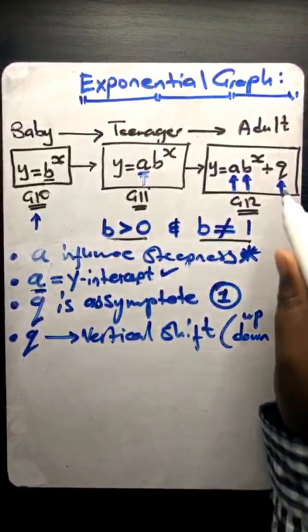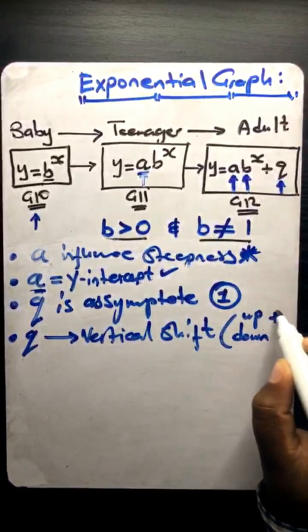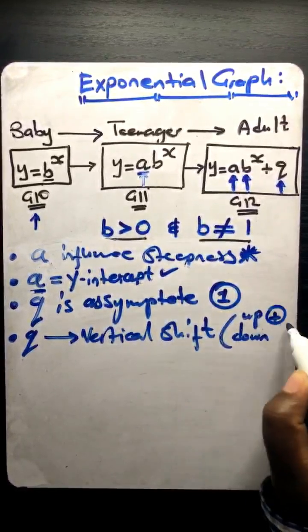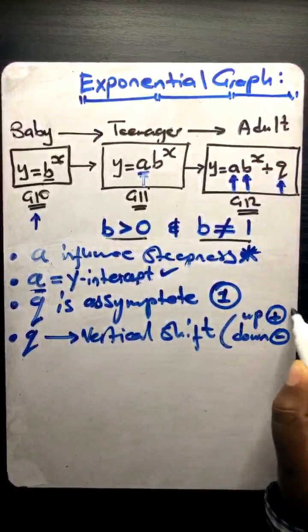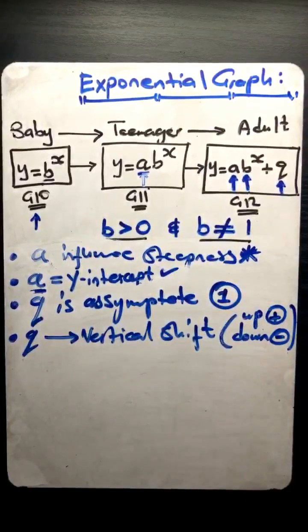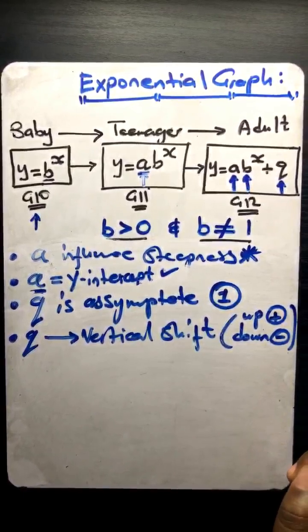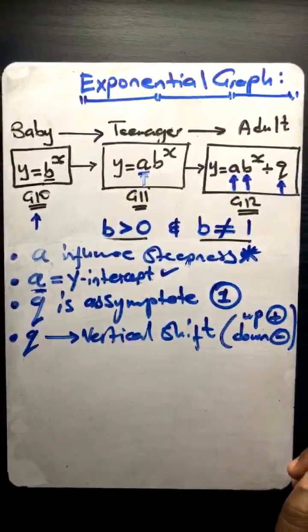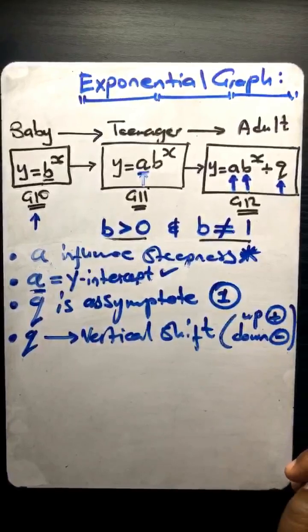If your Q is a positive value, then it means it's an upward shift. If it's a negative value, it means it's a downward shift. Let me maybe give you guys an example, because sometimes maths can be explained by use of words, but graphically or diagrammatically, that's when it can make more sense.